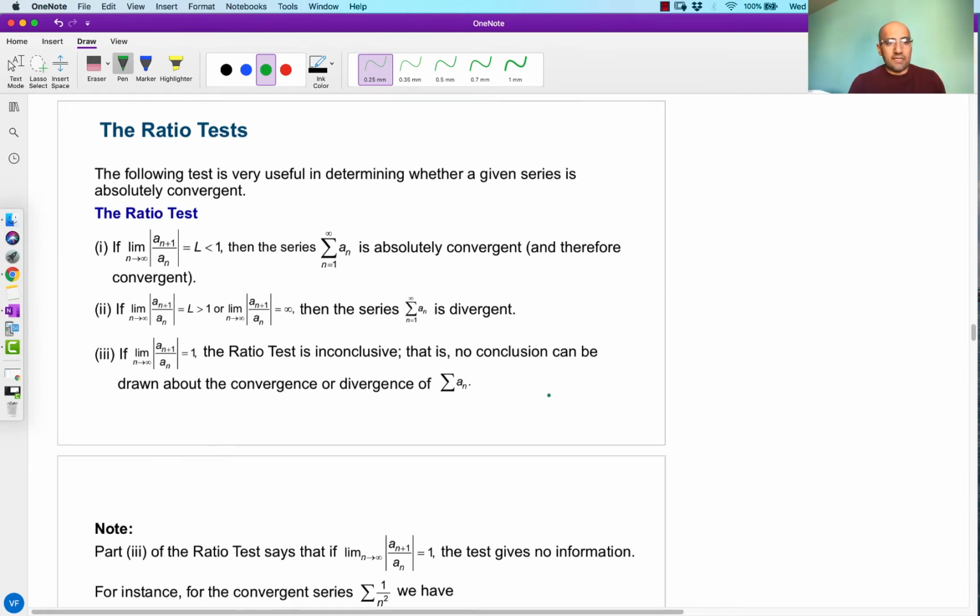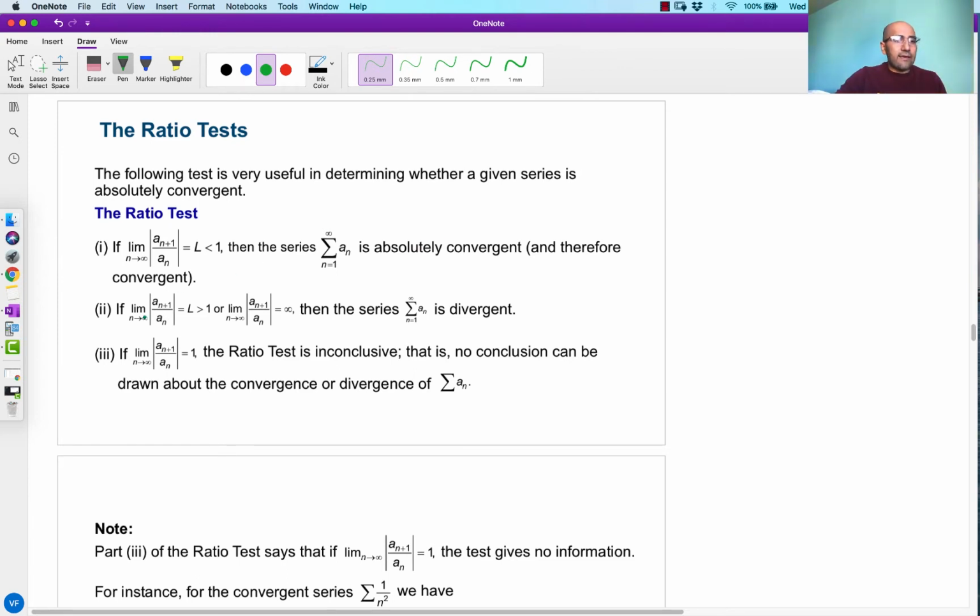If that limit exists, equals some constant L, and that L is strictly less than 1, obviously, because it's absolute values, it can't be negative, so it'll be some decimal between 0 and 1, not including 1. If we can establish that, then we get to conclude that the series we're working with is absolutely convergent and therefore convergent.